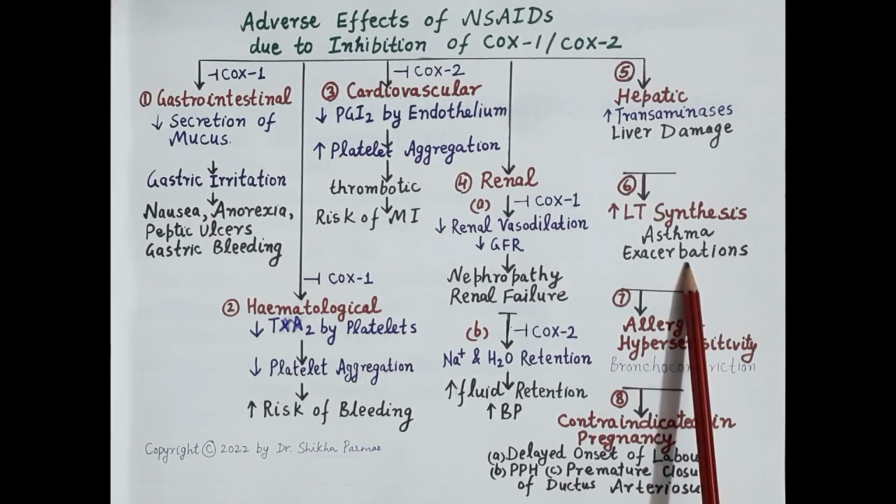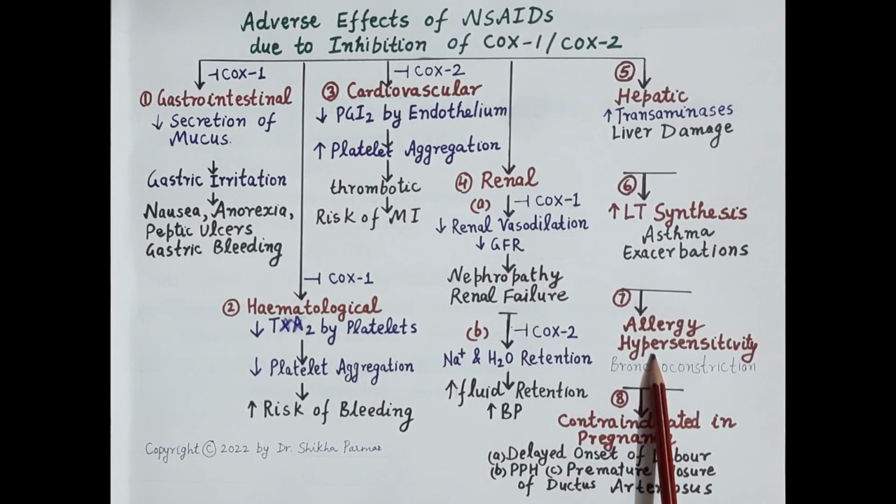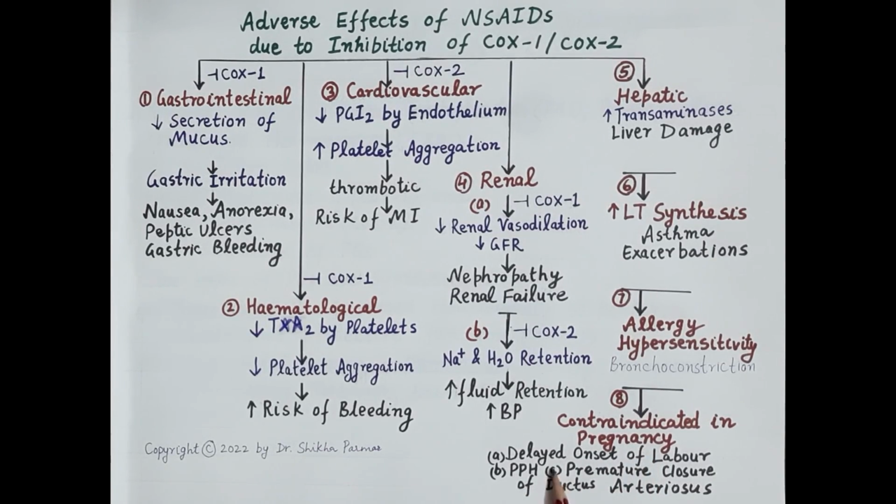So, caution should be used when giving non-steroidal anti-inflammatory drugs to asthmatic patients. Then, use of drugs like aspirin can cause allergy, hypersensitivity, and one of the features of hypersensitivity and allergy is bronchoconstriction.